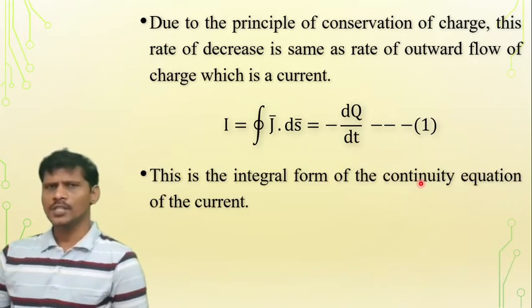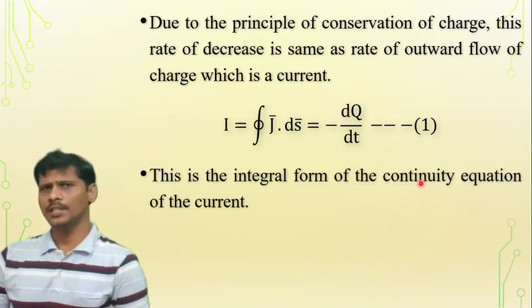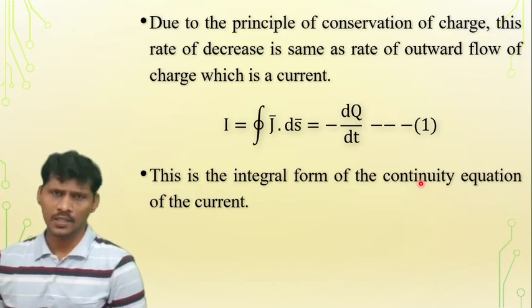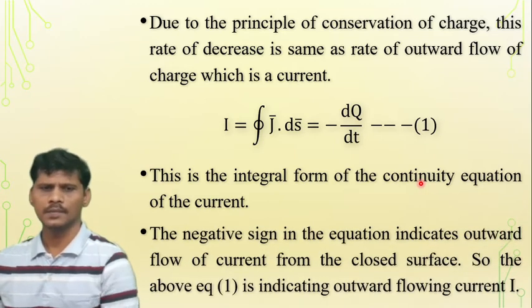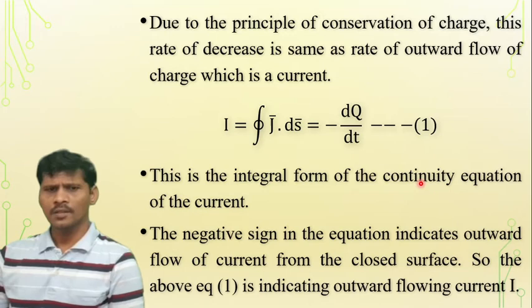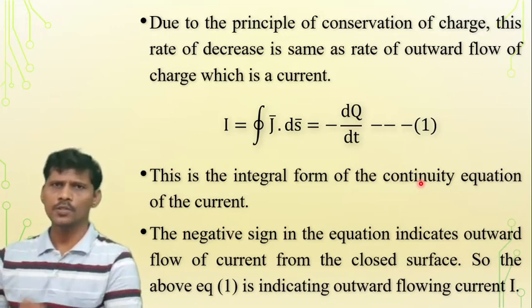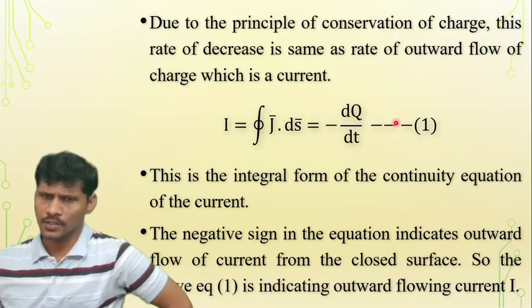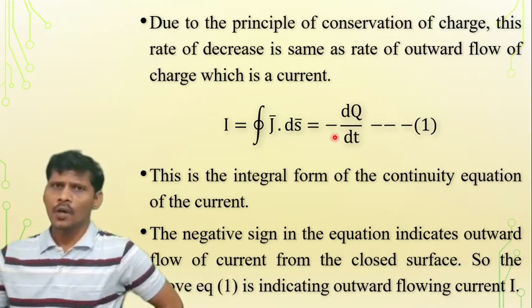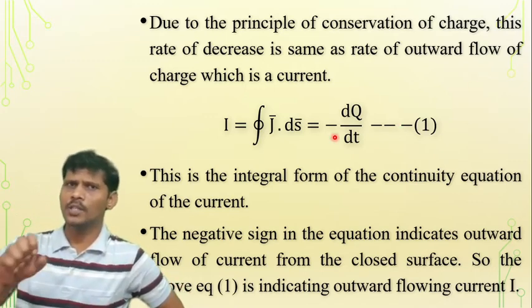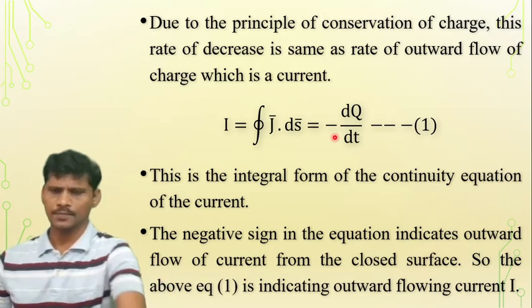This equation is called the integral form of the continuity equation of the current. The negative sign indicates outward flow of the current from the closed surface.